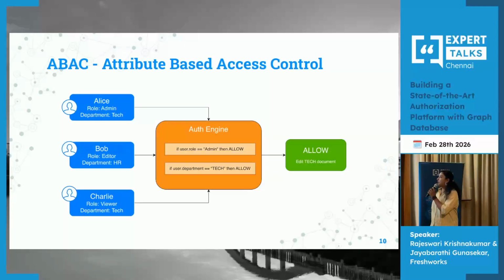In this case, your auth engine will pick some parameters and then define the policy. So if the user role is admin, then allow. If the user department is tech, then allow. So Alice will be allowed to edit the tech department document, but Bob will not be allowed to edit because neither the user role parameter is satisfied nor the user department parameter is satisfied. So he will not be able to edit.